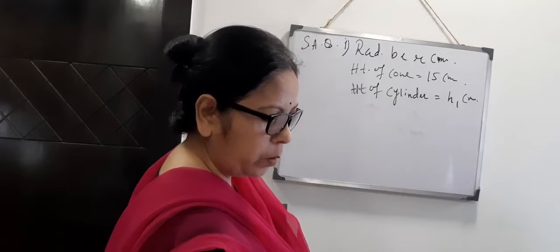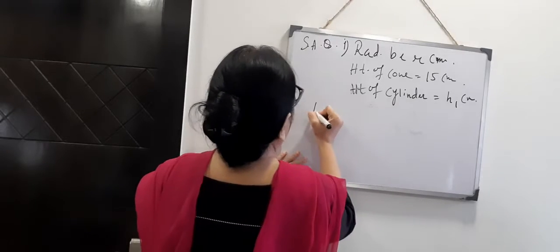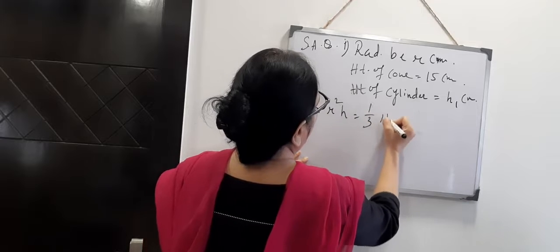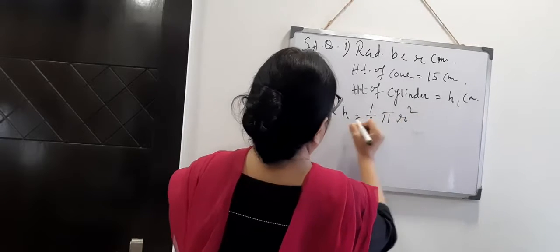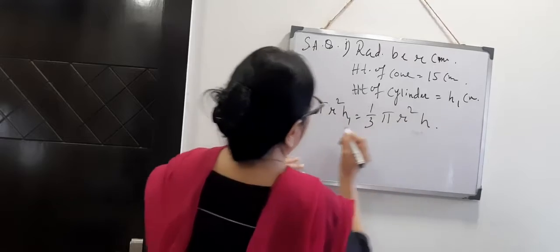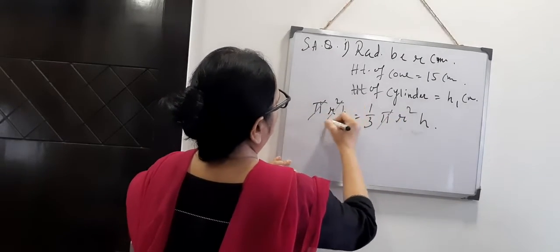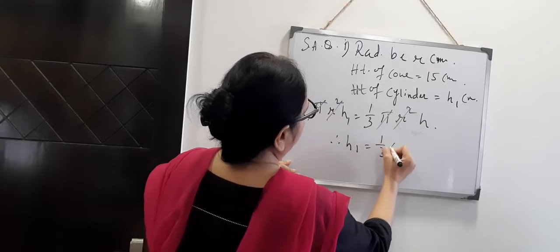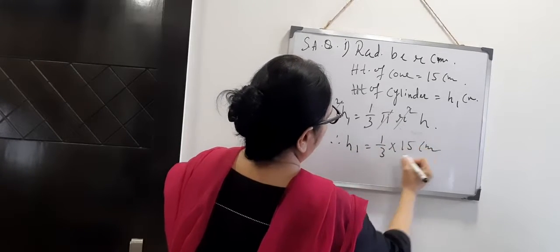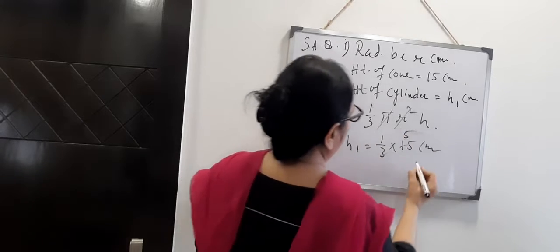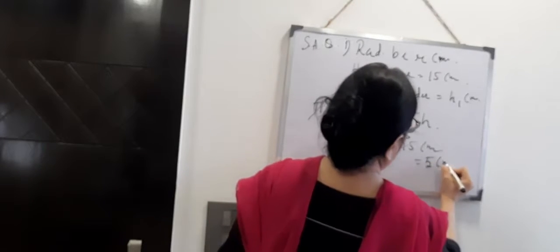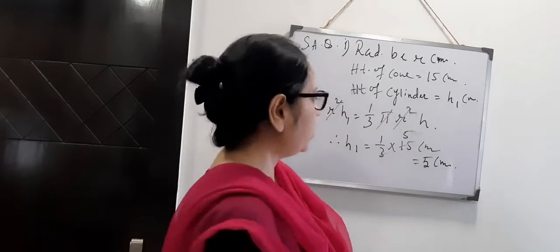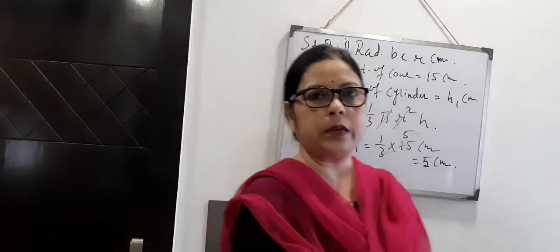So volume equal, pi r square H equals 1 by 3 pi r square h. Pi you cancel, r square same. Therefore H1 is coming 1 by 3 into 15 centimeter equals 5 centimeter. Therefore height of the cylinder is 5 centimeter.